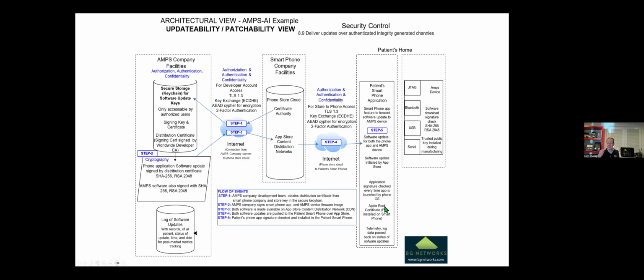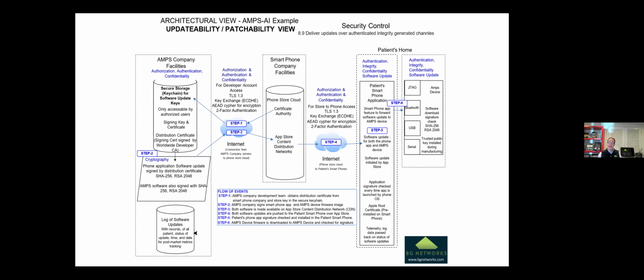So again, you're getting that for free because of the way that Apple does security. If you're using Android, it's a little different, and you'd want to understand how Android does it. But that is also a very secure process that you kind of get for free. And then we're listing again, referencing the 8 categories.